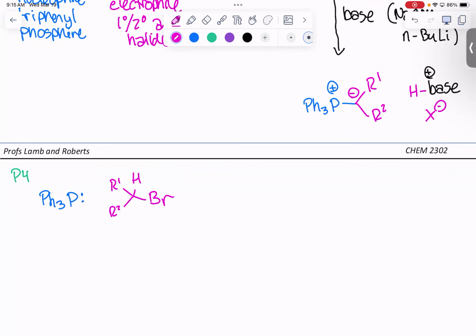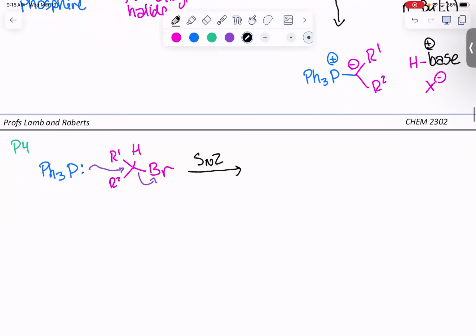We're not going to go ahead and do anything with that proton yet, but first we get nucleophilic attack from the lone pair of electrons on our phosphine. We break this C-Br bond, all right? Just an SN2 mechanism, right? We've seen this before. This is just SN2, nucleophilic substitution reaction.